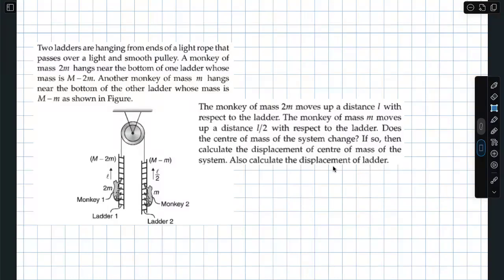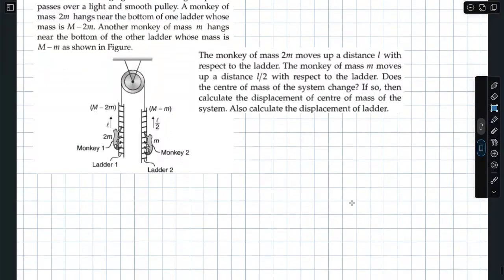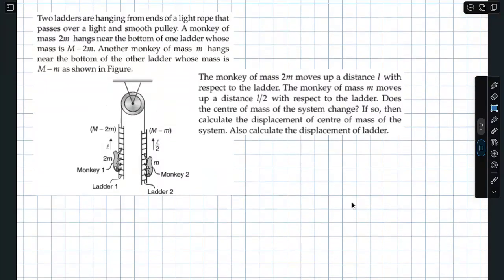This is the question which we are dealing with right now. You have two ladders hanging. You can see a ladder on the left side and a ladder on the right side. But the issue is that the total mass of the system on the right side is capital M, and the left side also has total mass capital M. Only difference is monkey 1 is of mass 2m, monkey 2 is of mass m.